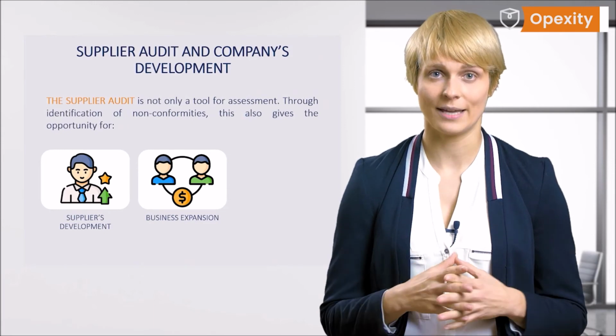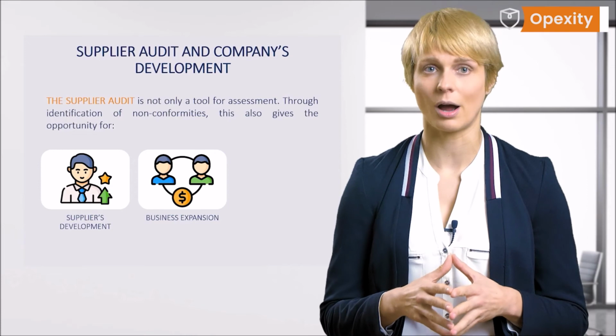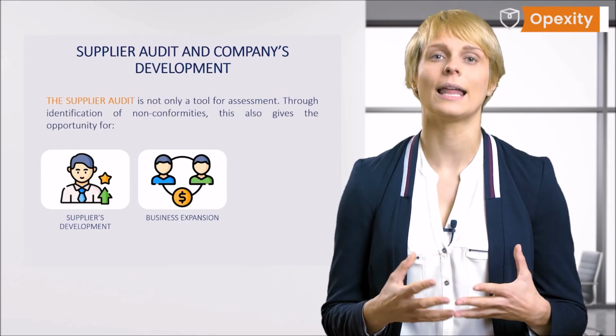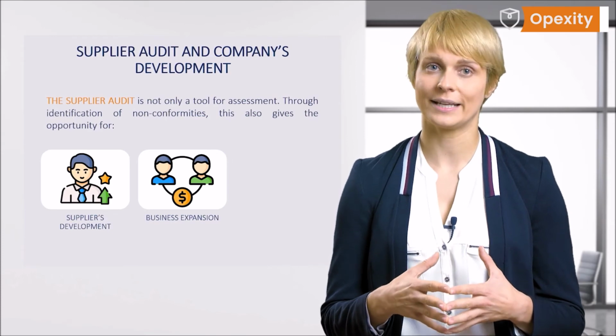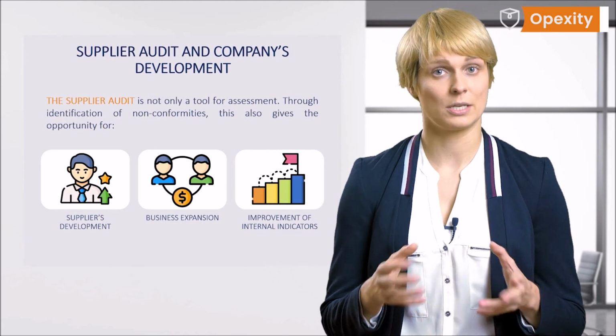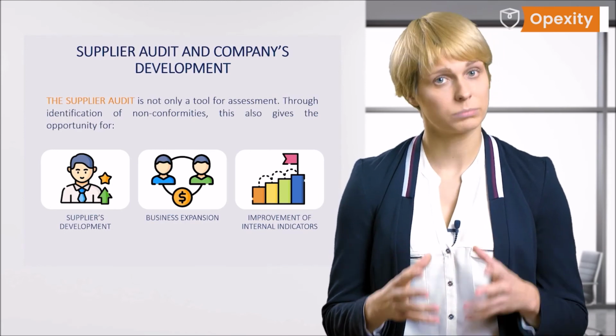The relationship development between customer and supplier can be verified through supplier audit, especially in the case of continuous audits, hence allowing awareness of internal financial and operational indicators, whose changes and trends can be observed. These ideally should be constantly improving.